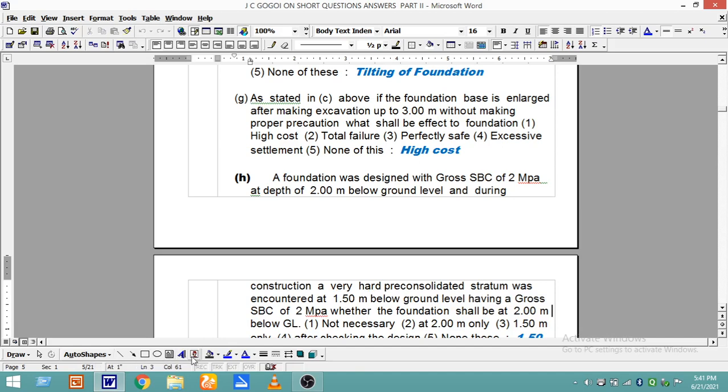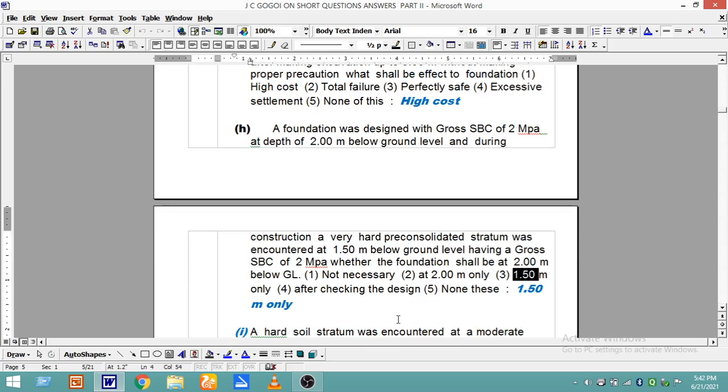Whether we shall provide the foundation at 2 meter below ground level? Given answer is at 2 meter only, at 1.5 meter, after checking the design, none of this. Because we are concerned about the gross SBC only, since it is getting at 1.5 meter, the answer is 1.5 meter only.